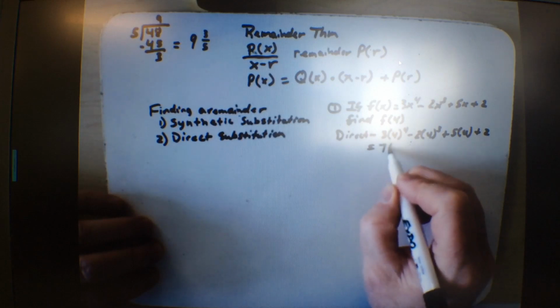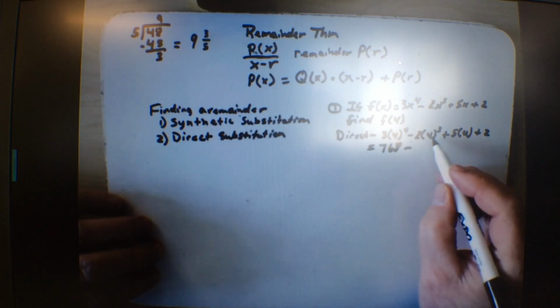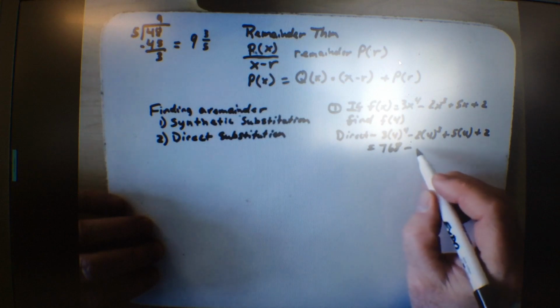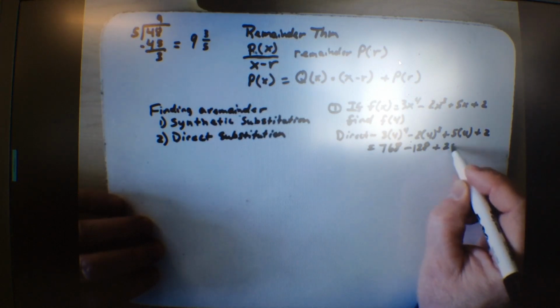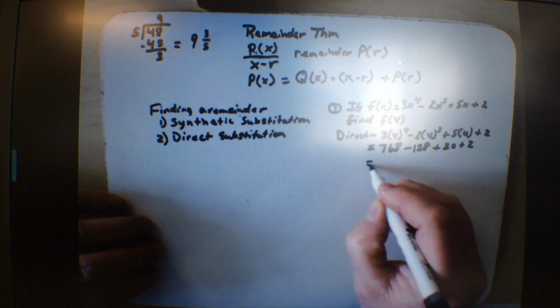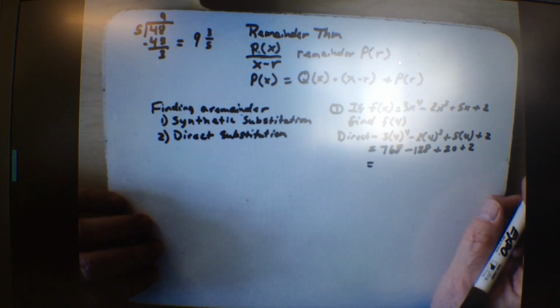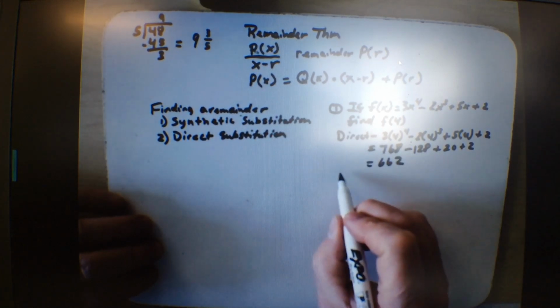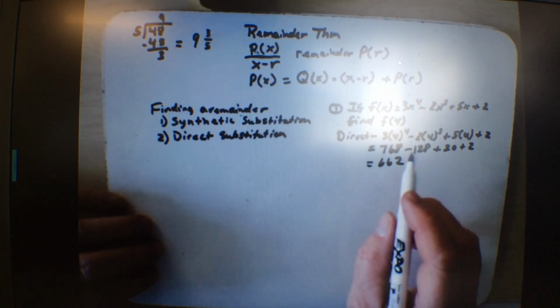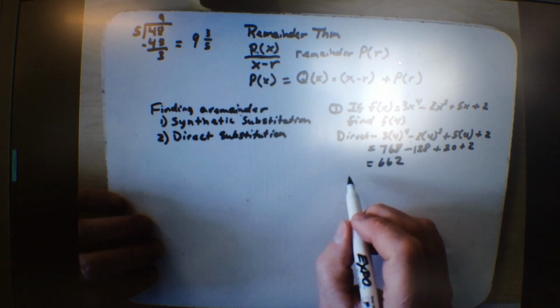Yep. All right. Minus 4 cubed is 64 times 2, which I believe is 128, is that right? Yep. Plus 20 plus 2. Would you put that in your calculator and tell me what you get? 662, okay?